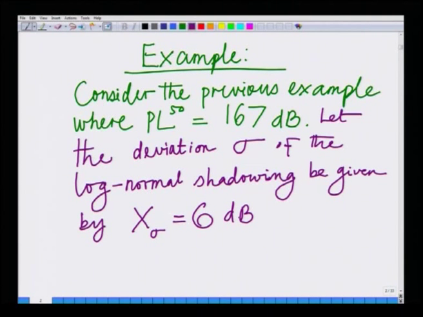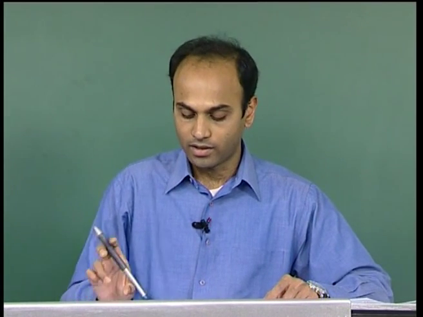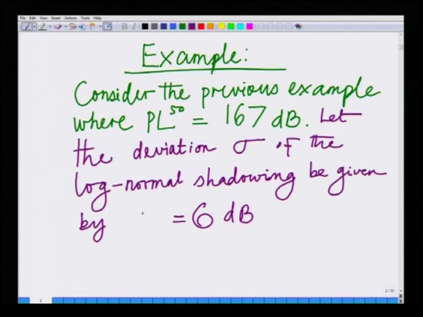So we are considering a log normal Gaussian random variable for the log shadowing with a deviation, that is sigma equals 6 dB. So sigma equals 6 dB is the deviation of the log normal shadowing factor, and we said the 50th percentile path loss is 167 dB.